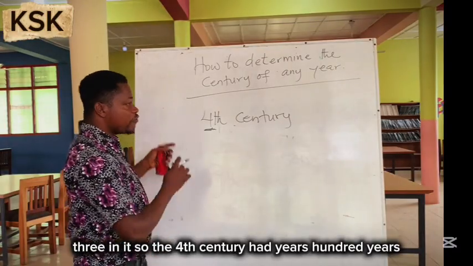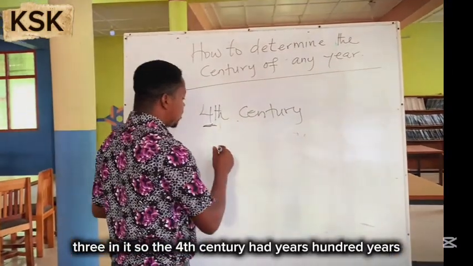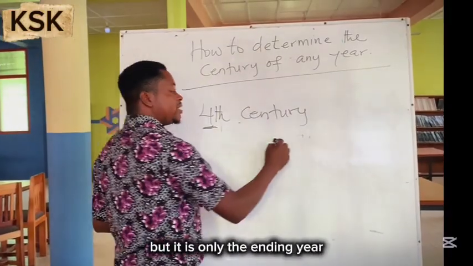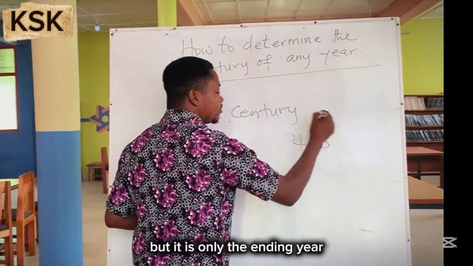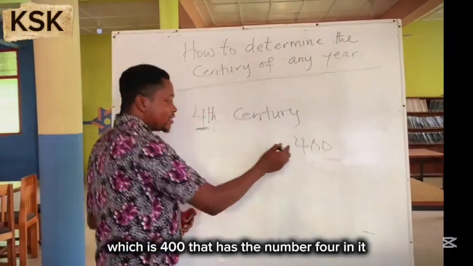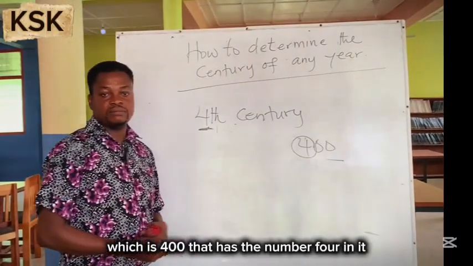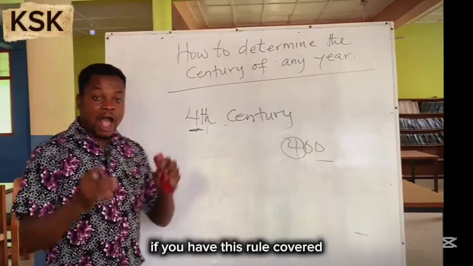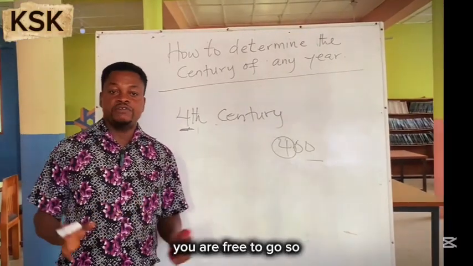So the 4th century has 100 years, but it is only the ending year, which is 400, that has the number 4 in it.